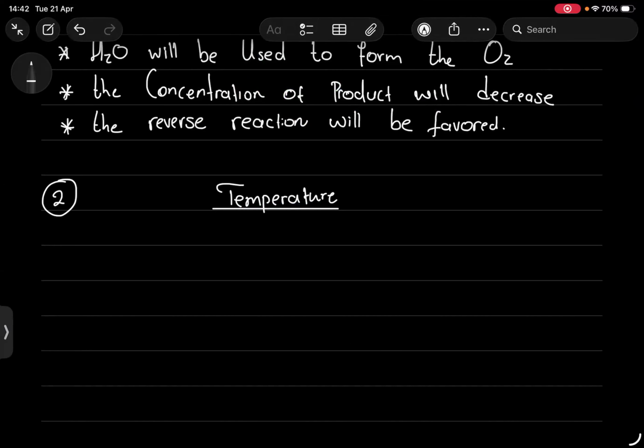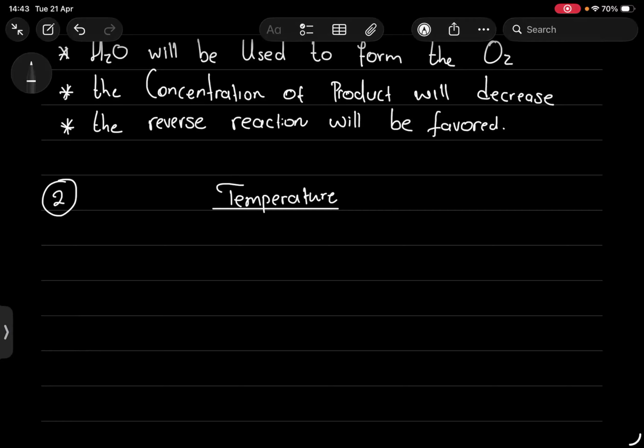Who can tell me? What effect does the temperature have on the reaction rate? It increases the reaction rate. Yes, it increases the reaction rate, right?